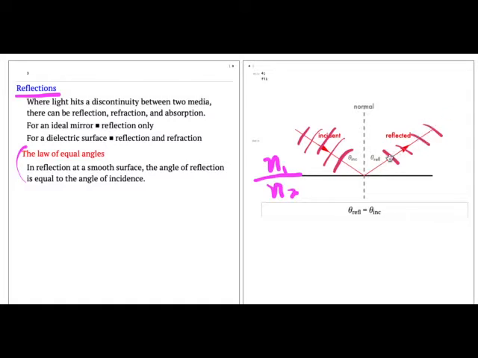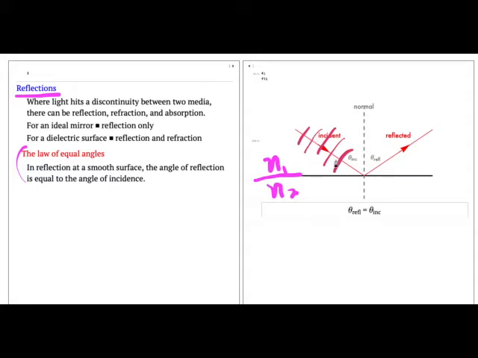Light is a transverse wave. So the electric field is oscillating back and forth, so is the magnetic field. And we have these planar wave fronts. But that's not ray tracing. For ray tracing, I only need to look at the direction of propagation.